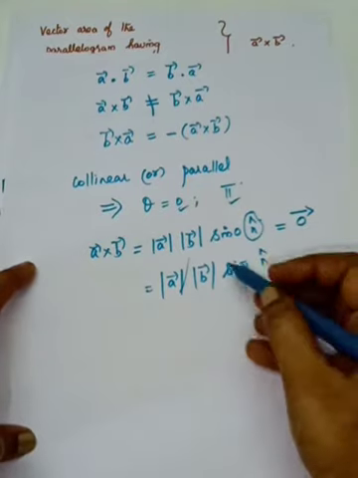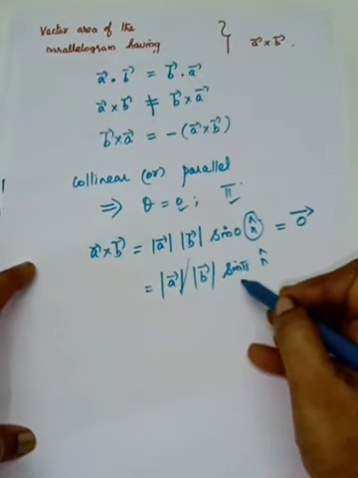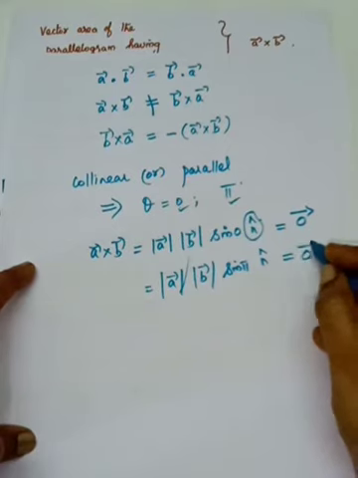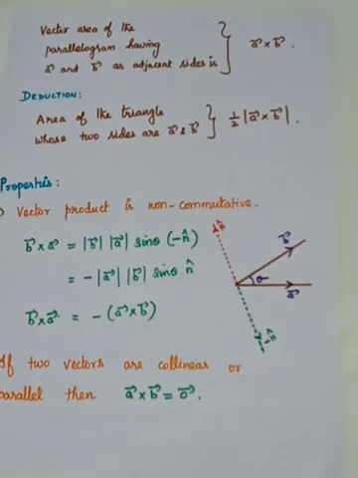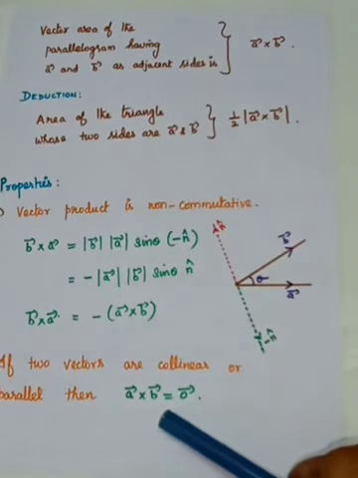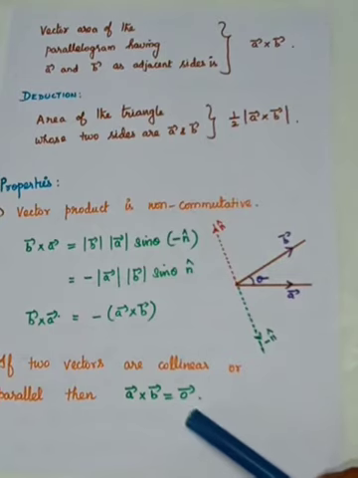Sine pi also is 0, so therefore you have to write 0 vector. So what is very very important? If the two vectors are collinear or parallel, the cross product between them is 0 vector. You should not write 0, it's a vector, so you have to write 0 vector.